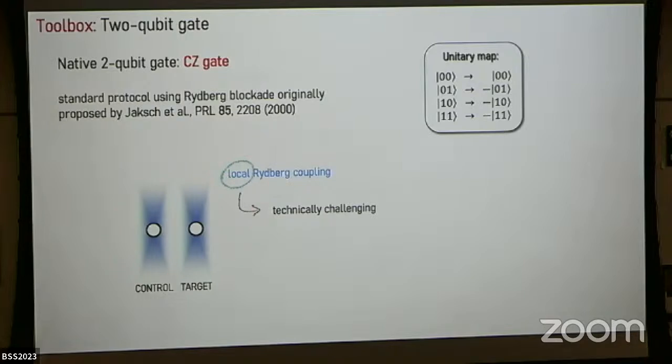So to be able to excite selectively either the control or the target atom, which is technically a little bit challenging, as I was mentioning, I don't remember if yesterday or the day before. To have this kind of local control is challenging because you need to be very good at controlling the intensities such that you have exactly the same omega and delta on each atom. And that's not that easy.